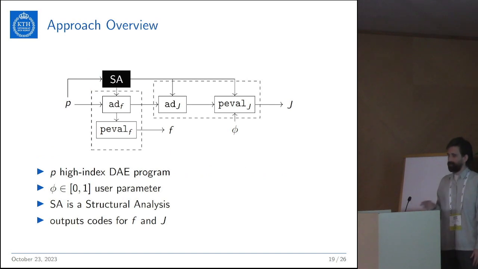So we return to the overview, and now we'll talk about this part, which is related to generating a Jacobian function. Here we also use some information from the structure of the DAE. Because we know which dependent variables appear in which residual expression, we know for sure that some partial derivatives in this Jacobian will always be identically equal to 0, and we can avoid computing those at runtime.